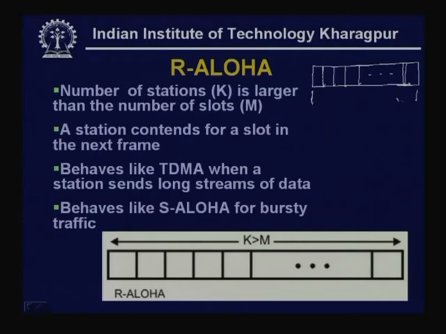That means this time should be more than 1/4 of a second, which is the propagation time. This is known as the bit length. So, the frame length should be more than the bit length. Now, here a station contends for a slot in the next frame.